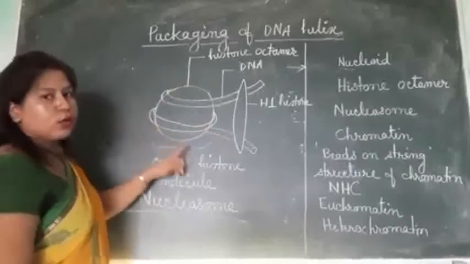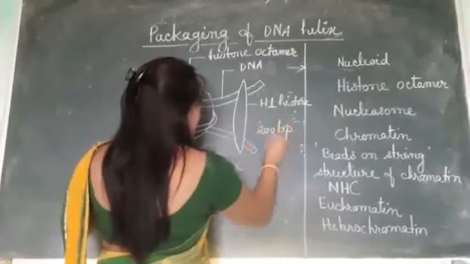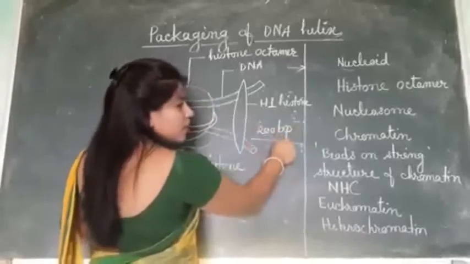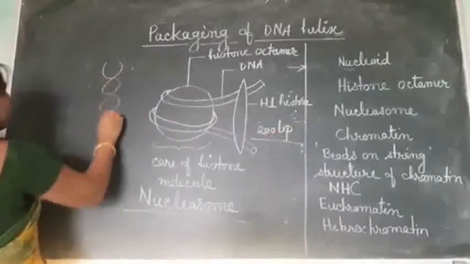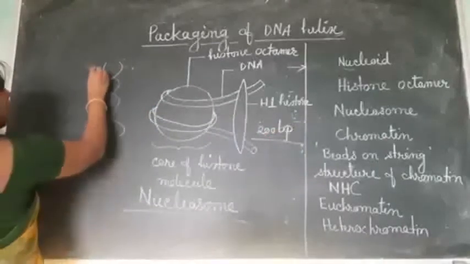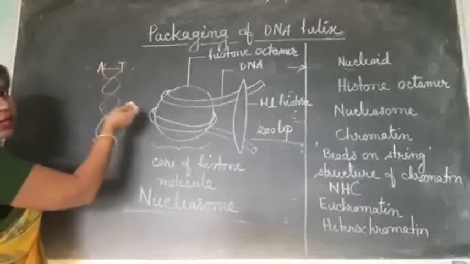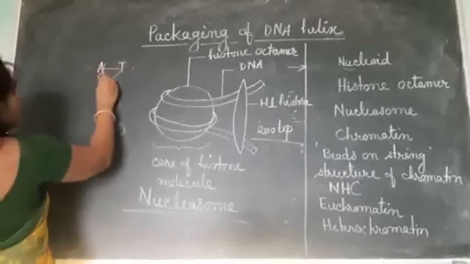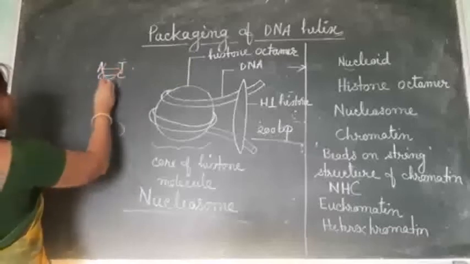A typical nucleosome contains 200 BP length of DNA helix. BP means base pair. Do you know base pair? See, you found that in DNA helix, in the 2 strands of DNA, purine base of one strand always pairs with pyrimidine base of the complementary strand, isn't it? Purine of one always pairs with pyrimidine of the other strand, or vice versa.